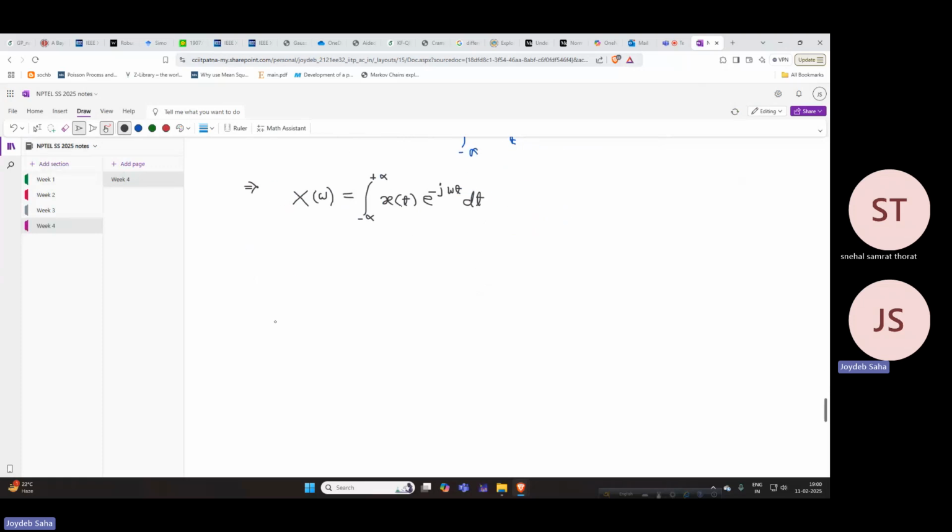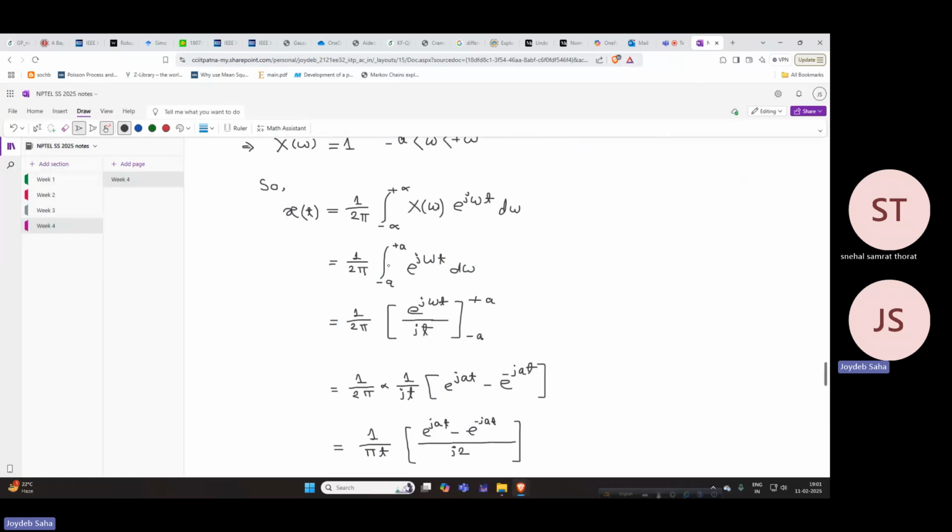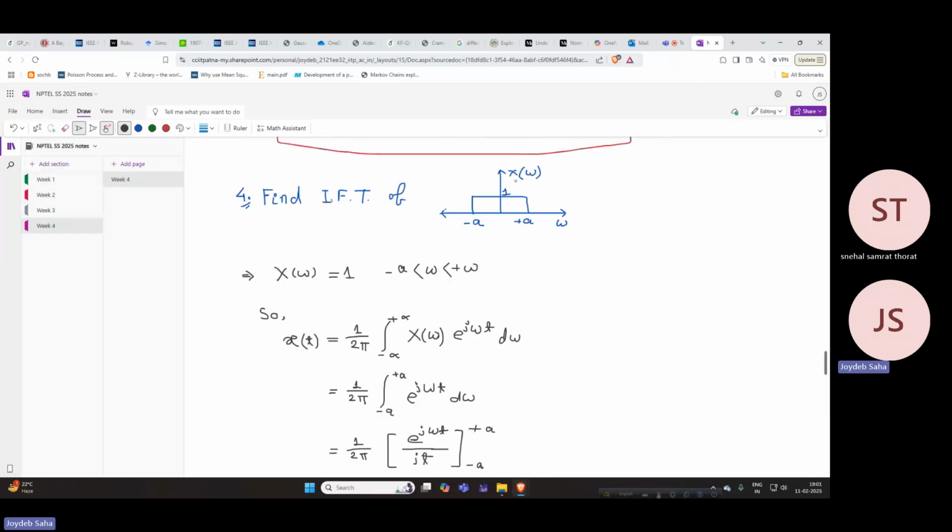Okay, now we have already received that sin 80 by pi t is the inverse Fourier transform of this, right?